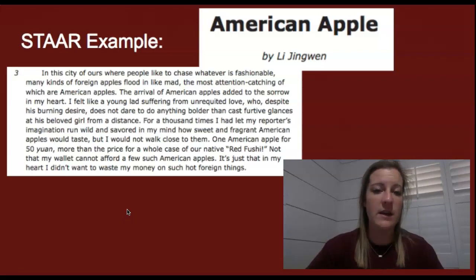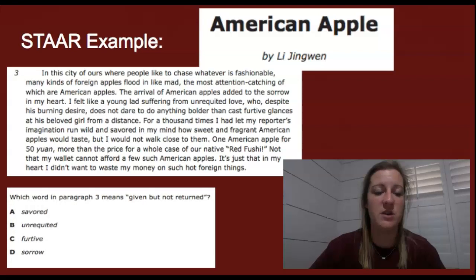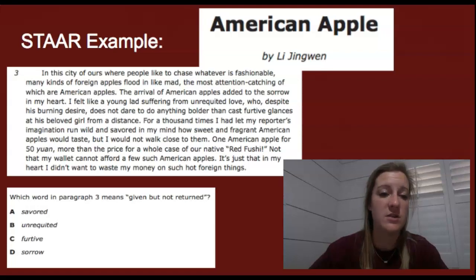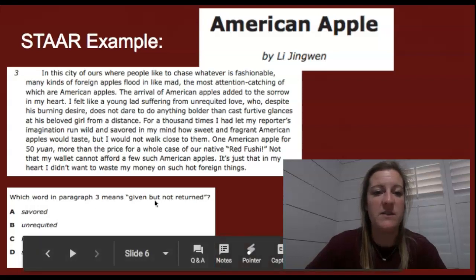So we have an excerpt from American Apple. The question is, which word in paragraph 3 means given but not returned? So you're going to be asked to look at the different vocabulary words that are answer choices in the question, and either use context clues or maybe a dictionary to look them up and find out what the correct answer is, what word matches this definition.